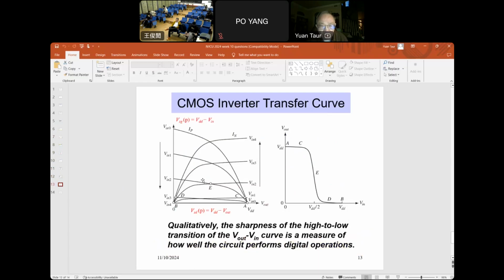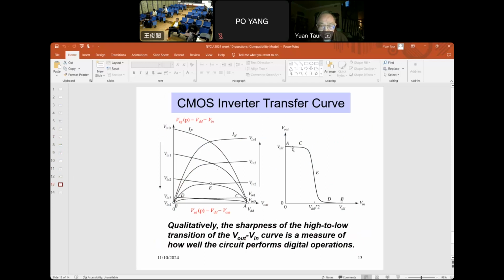And so we want a sharp slope, which means that we need saturation. This is very sharp because E is in saturation. Both NFET and PFET are in saturation. So saturation is very important for noise margin. If the current is a straight line with no saturation, then the transfer curve is straight.